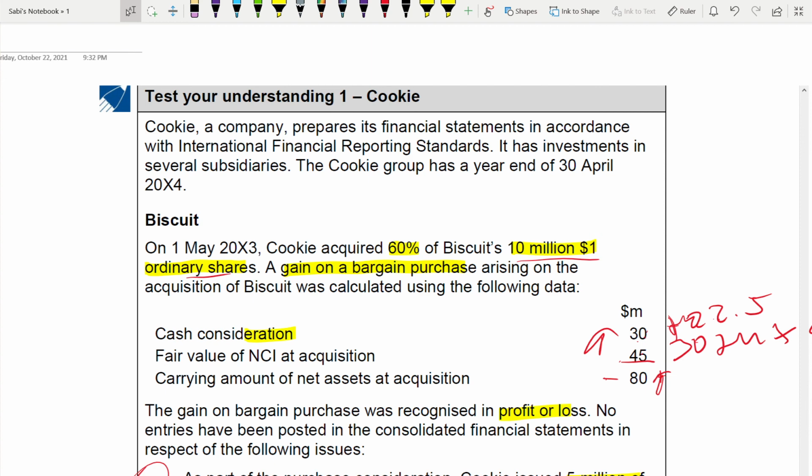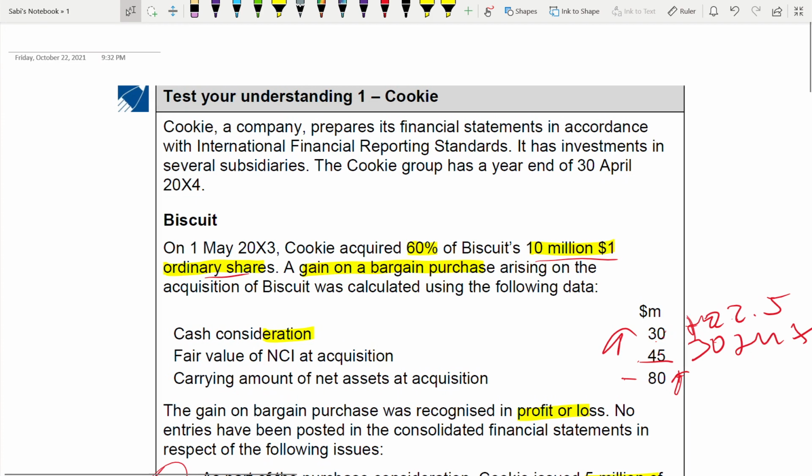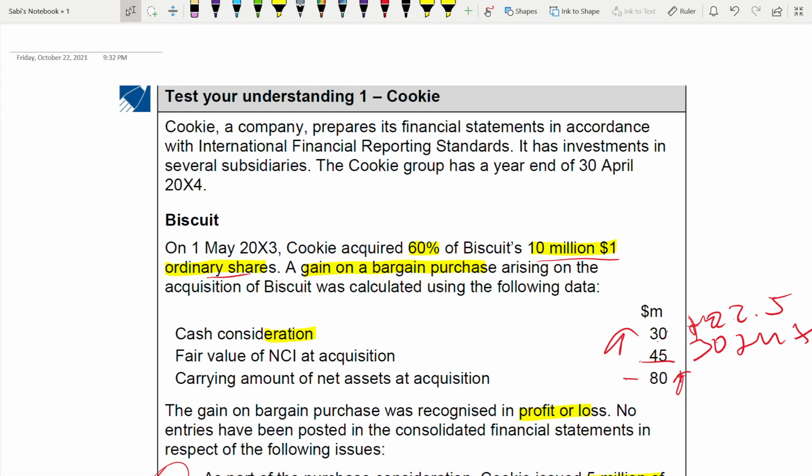If you know this processing, it will help you. It does not matter which paper you are giving, which question, for how many marks, or what the length is. If you know how to process big chunks of information, that's the skill that you need to adopt. So that's it, and see you in the next. That will be test your understanding too.